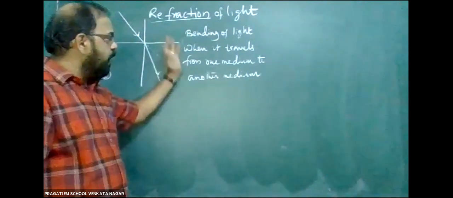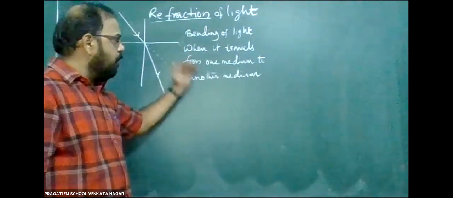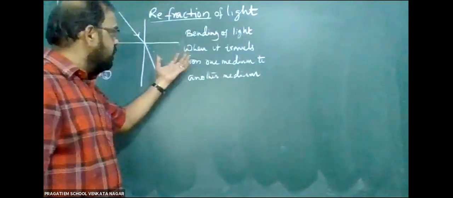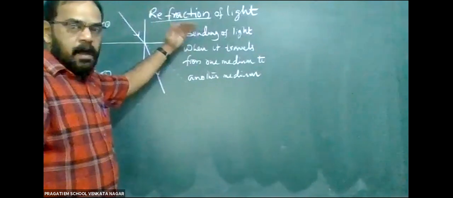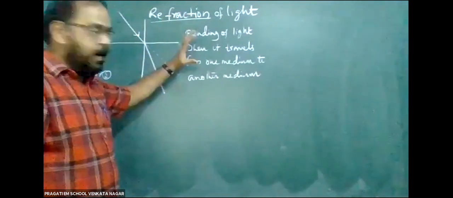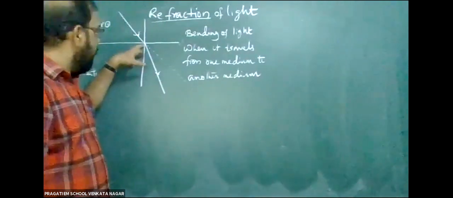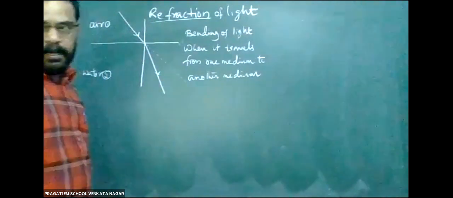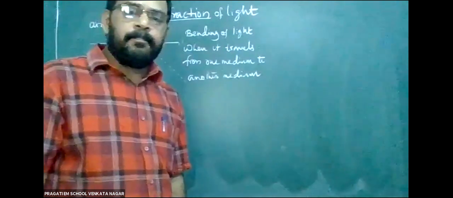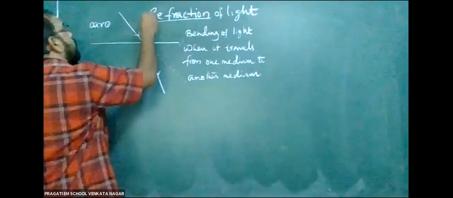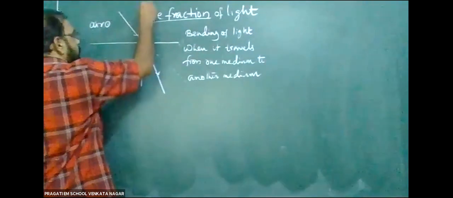The bending of light rays when it travels from one medium to another. The simple definition is, you can expand this definition: when light rays travel from one medium to another medium, at the point of separation of the two media, it bends and travels. This phenomenon is called refraction. And we already studied, this is called the normal.